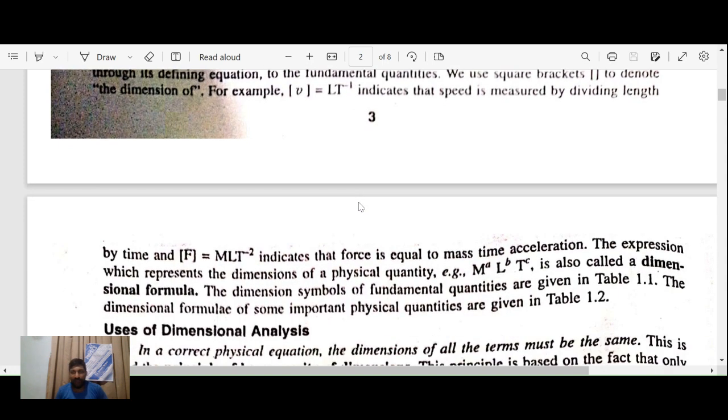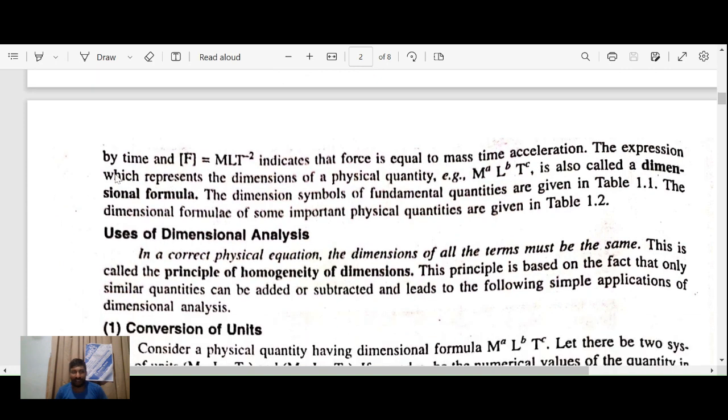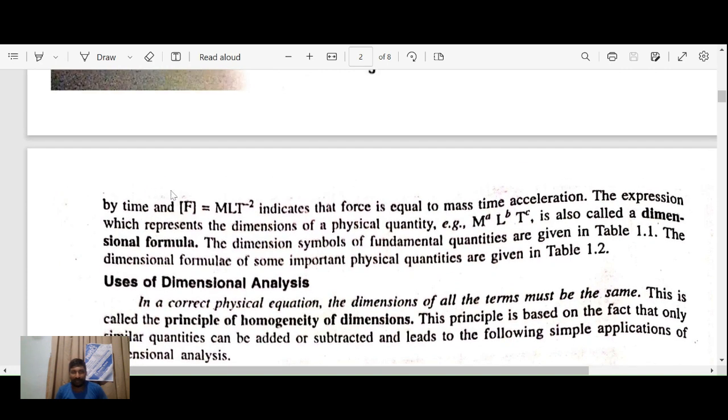That means how do they get involved? Look at this. The dimension of force F is capital M, capital L, capital T to the power minus 2, which indicates that force is equal to mass times acceleration.